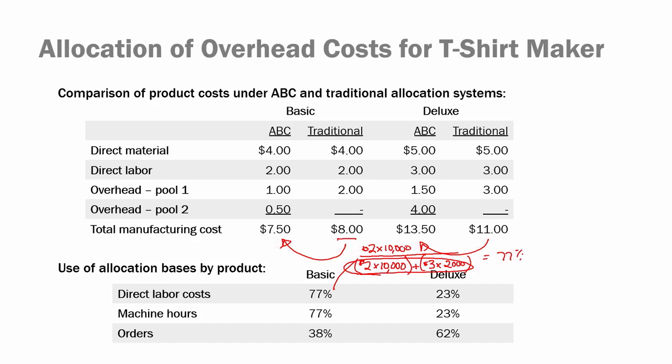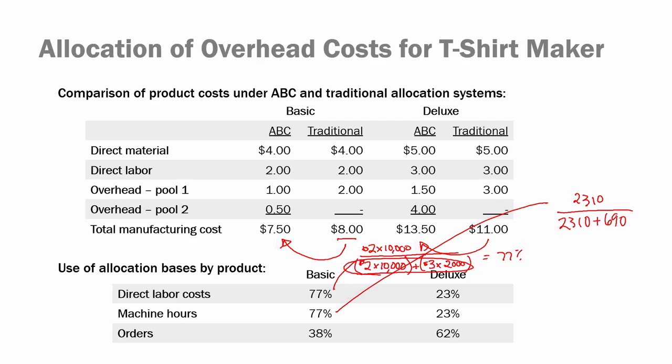Okay, they're also responsible for 77% of the machine hours. Now remember, machine hours is used as the allocation base under the activity-based costing system. All right, how did I get that? Okay, let's take a look. Basic t-shirts use 2,310 machine hours. The total machine hours used are the basic plus the 690 for deluxe.